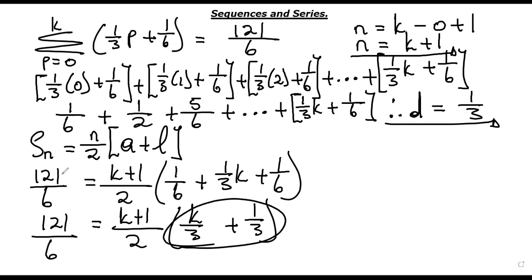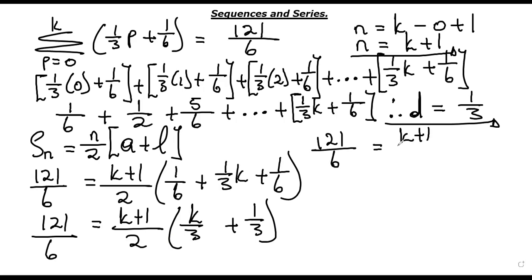We come to this part, we simplify once again. We know that if the denominators are the same, we add the numerators. So we still have 121 over 6, and then we still have k plus 1 over 2. But then when we add the numerators, this is what we get. So we say it's k plus 1 divided by 3.